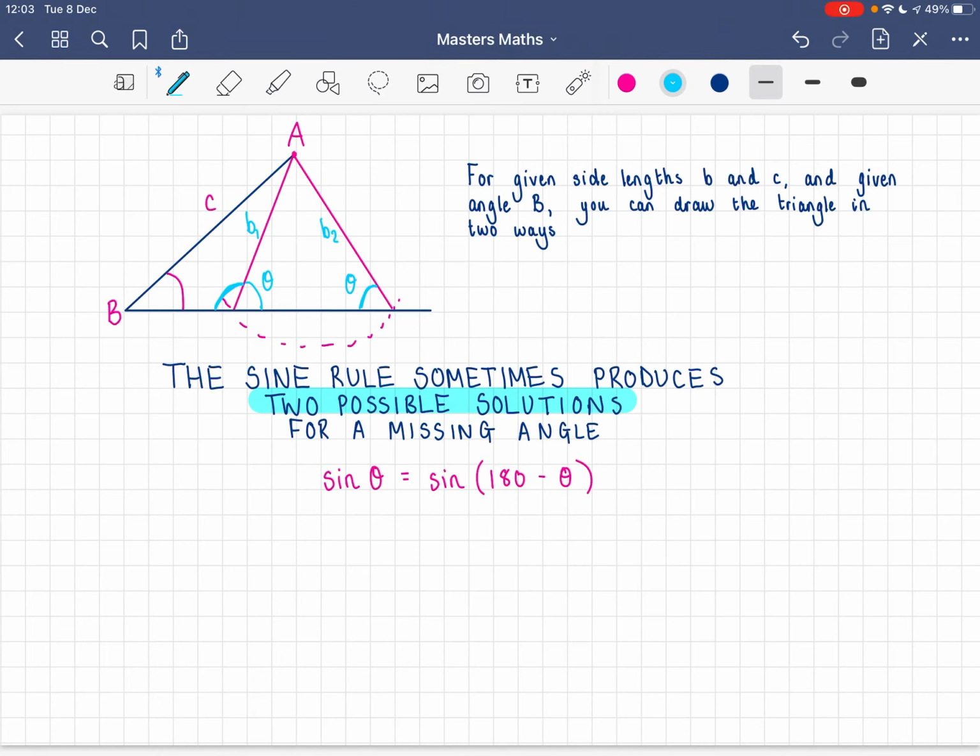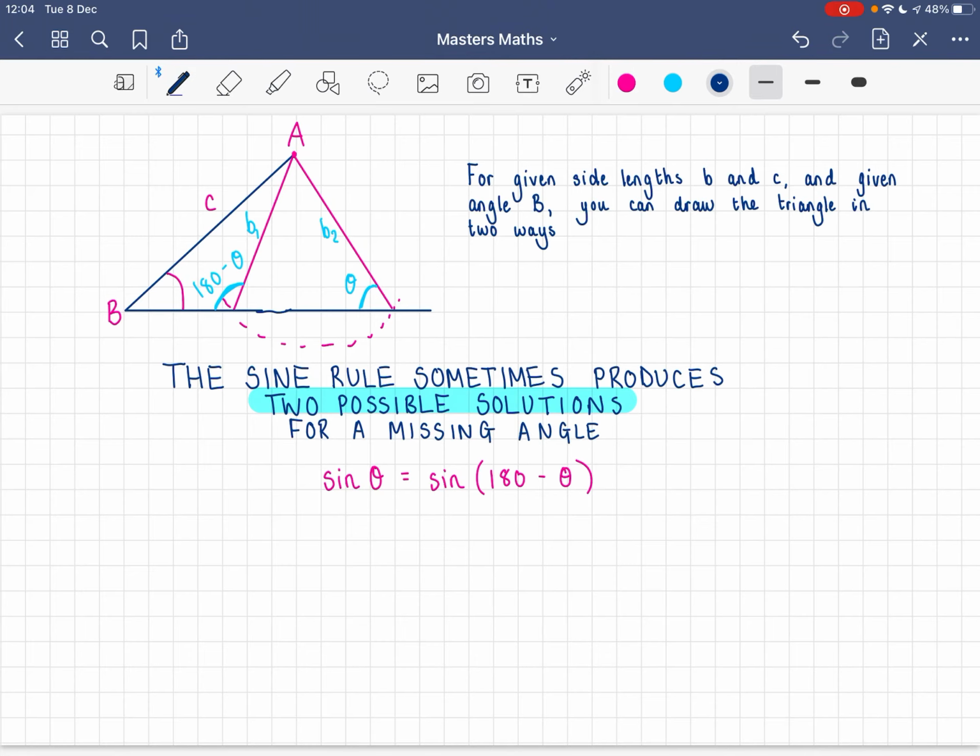This angle, which is the one I'm interested in on the outside here, that would actually be 180 minus theta, because this is a straight line, this is theta. So the relationship, I'm going to get rid of this because I'm not interested in it, but the relationship between those two angles is that whatever one is, the other one is 180 minus it, okay?